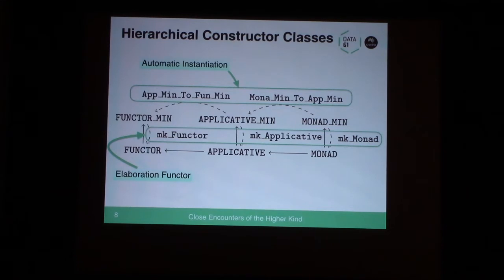Functor is a superclass of applicative, and applicative is a superclass of monad. Once a user provides the instantiation as monad, our library produces the minimum definitions as applicative and as functor. And for each minimum definition, we apply the elaboration functor.